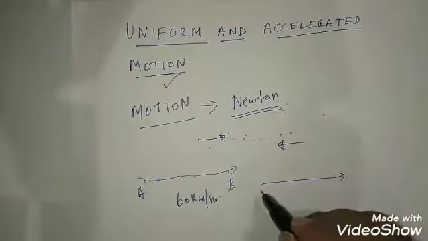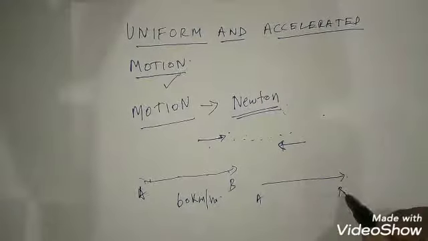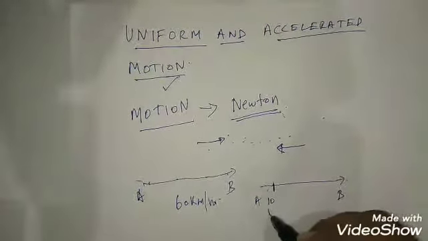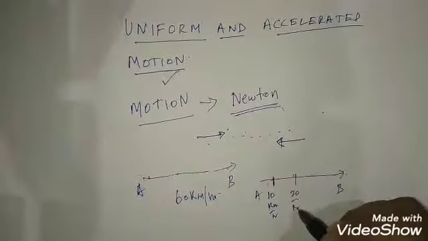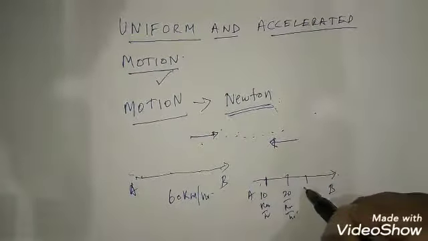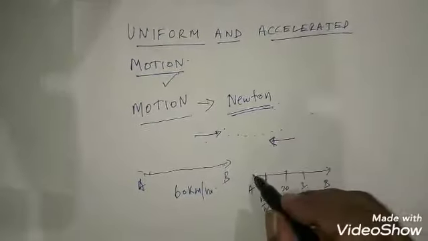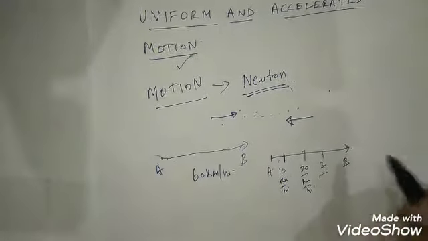Then what do you mean by accelerated motion? Accelerated motion means here it will be, let's say, 10 kilometer per hour. Then it will go to 20 kilometer per hour, then 30, then 40, then 50. Similar to how you accelerate your vehicle on the road.